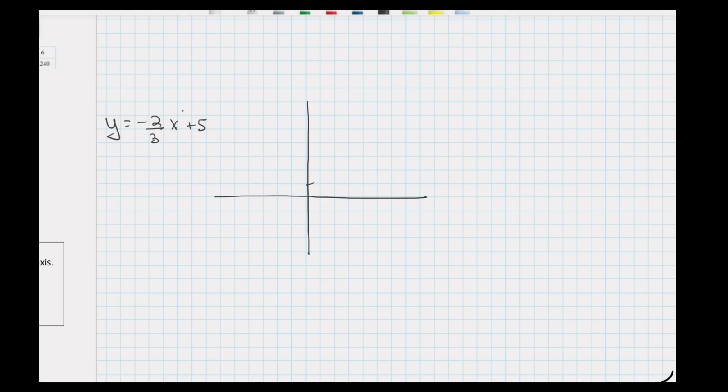The y-intercept is 5. Slope is negative 2/3, so this is my change in y and my change in x. Change in y is negative, so that's down 2. Change in x is 1, 2, 3. So there is this function graphed.